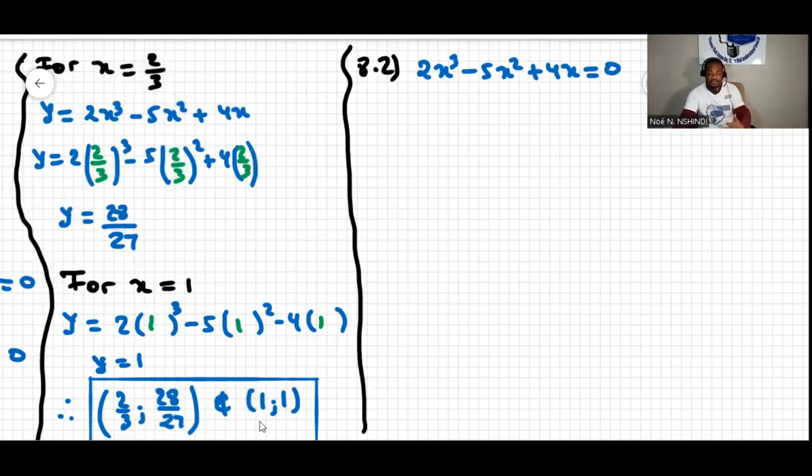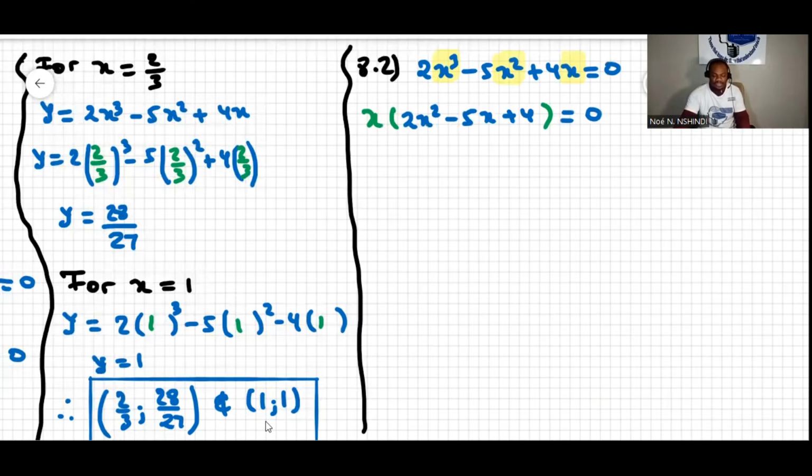This is how we determine that the function has a root. So it is 2x cubed minus 5x squared plus 4x equal to 0. Now we notice that each term here has an x, so we can take x as a common factor, and then this will be x times 2x squared minus 5x plus 4 equal to 0.